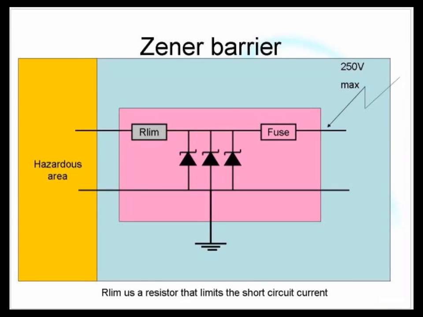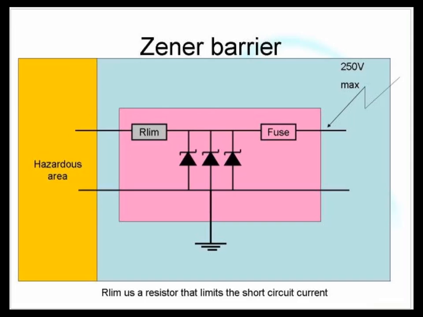First one we'll look at is the Zener barrier. Now, we've got a couple of things in there. The way a Zener barrier works is, it's kind of a reverse fuse, if you like. When the voltage gets high, the Zener barrier's resistance suddenly drops to 0.